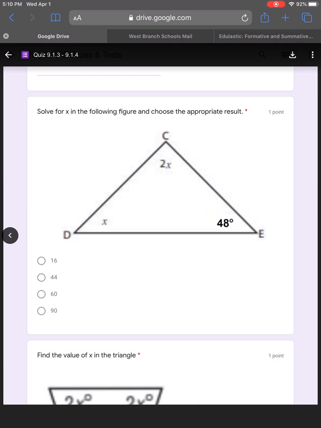We have angle x, 2x, and 48 degrees. So we know that all three of those angles should add up to a certain number. So what we could do is x plus 2x plus 48 and set it equal to that number. That is the total amount of degrees in a triangle. And then doing that, you can solve for x.